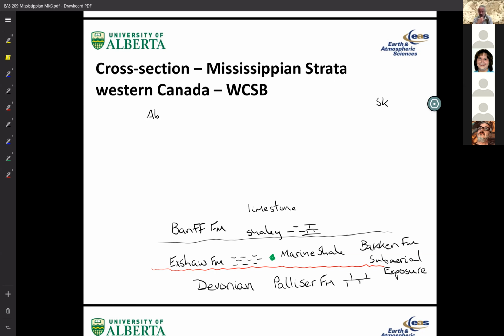Because the Banff Formation is a bit on the shaly side, it's not normally a target for resources like hydrocarbon resources. But if you go to the mountains, you almost invariably find the best fossils in the Devonian Mississippian package in the Banff Formation.